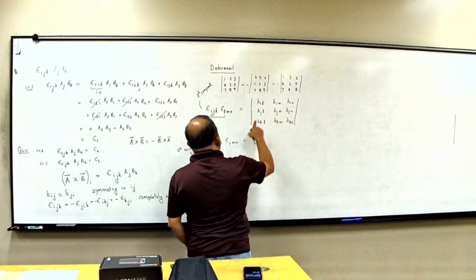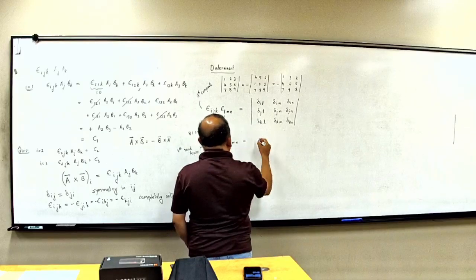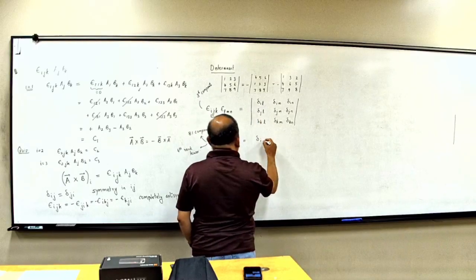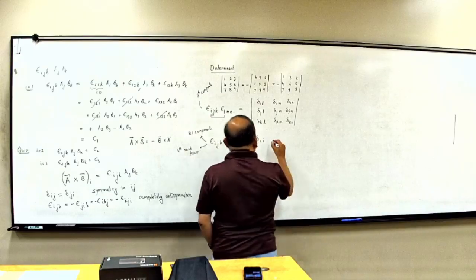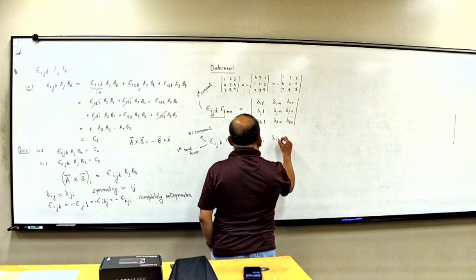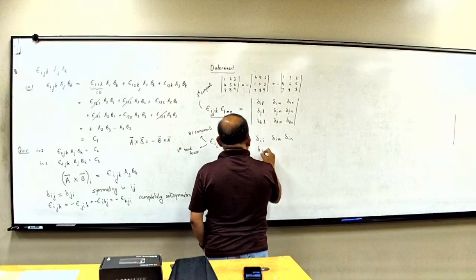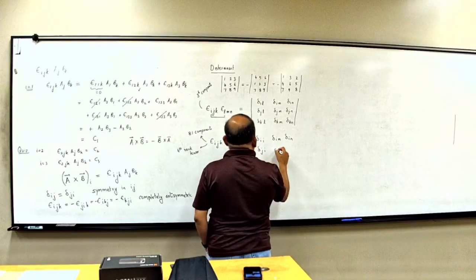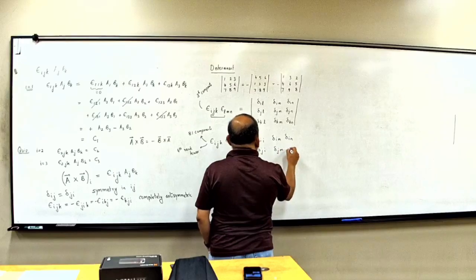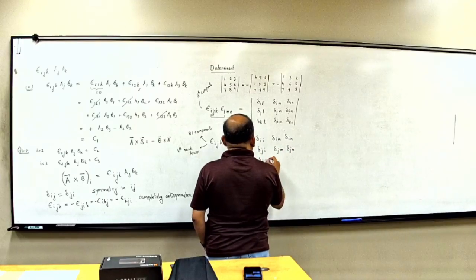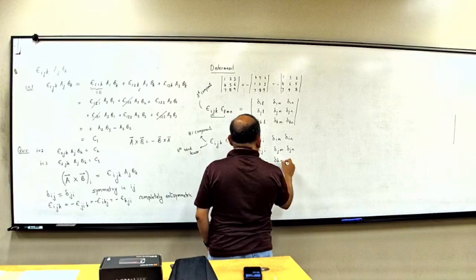So I can put this in, correct? The only difference is I just have to replace wherever l shows up, I have to write i. So this is delta ii, im, in, delta ji, jm, jn, and delta ki, km, kn.